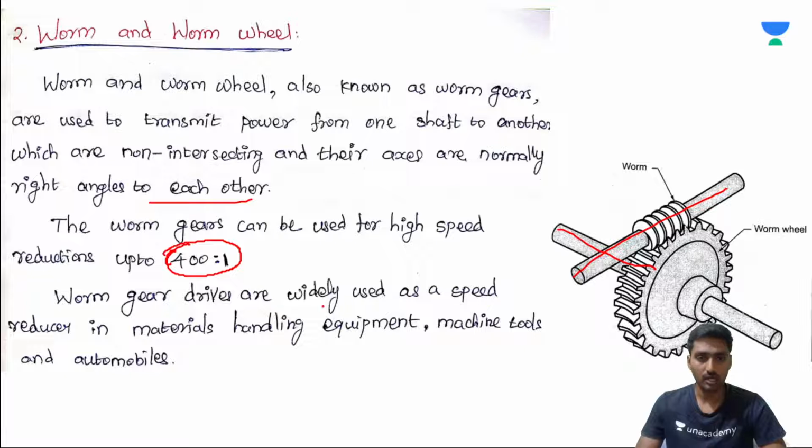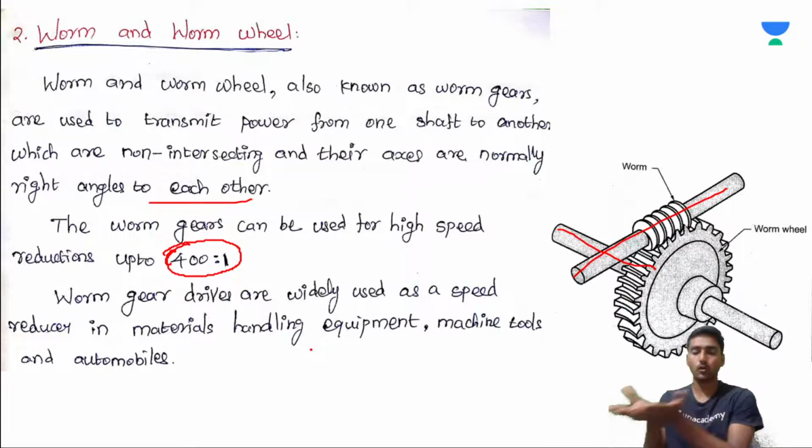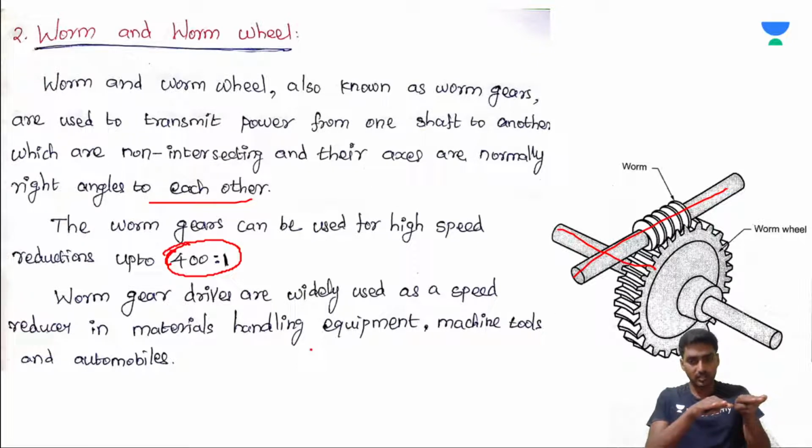Worm gear drives are widely used as speed reducers in materials handling equipment. In material handling equipment, materials are moved very slowly over a conveyor or some belt drive, whatever it may be. So it must be moved at very low speed.